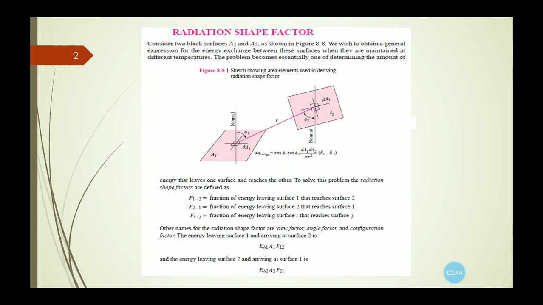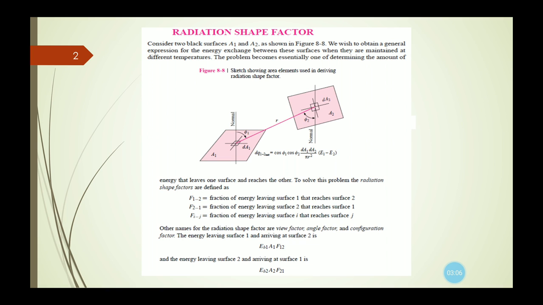So in general you can write Fij, this is the fraction of energy leaving surface i that reaches surface j. Now as told already, this radiation shape factor has other names also, which are view factor, configuration factor, surface factor or angle factor.